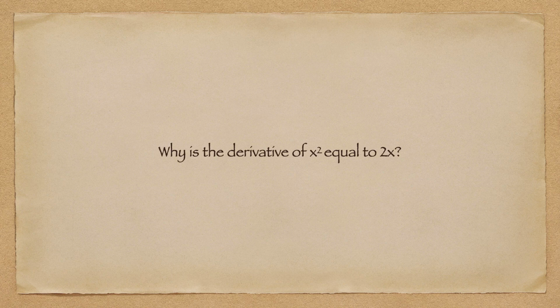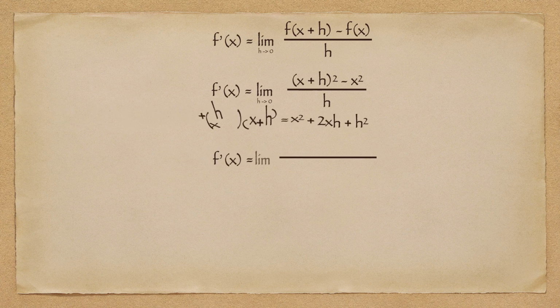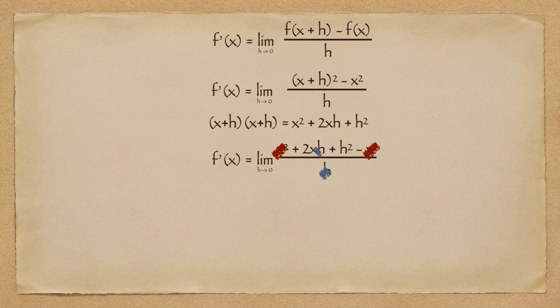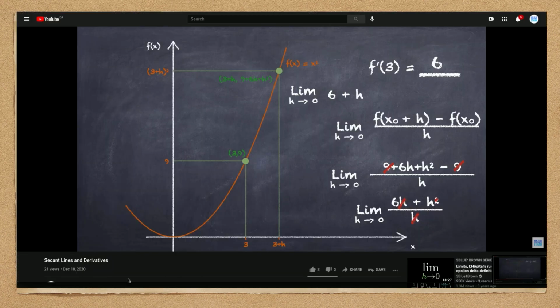There's a formal proof of this, and if you want to see it, you can see my other video about secant lines and derivatives. This will show you how to solve for this. But that's not really what we want right now. We want an intuitive proof.